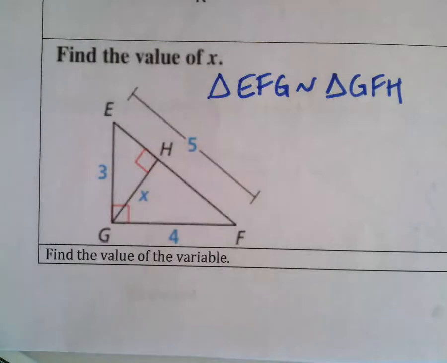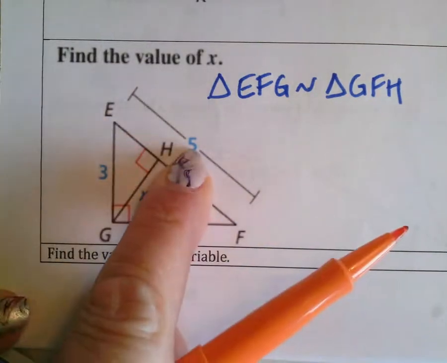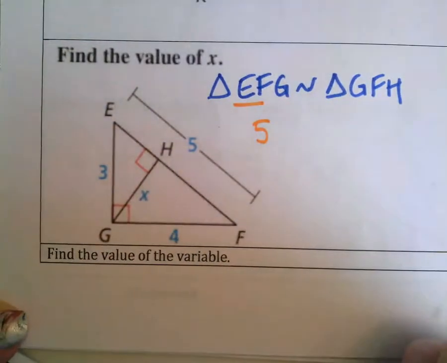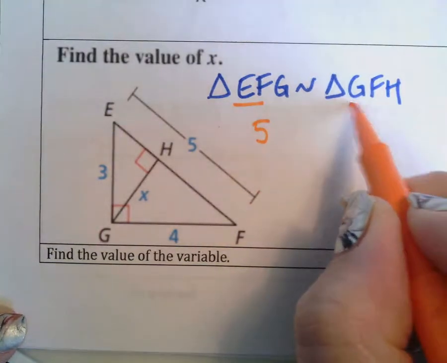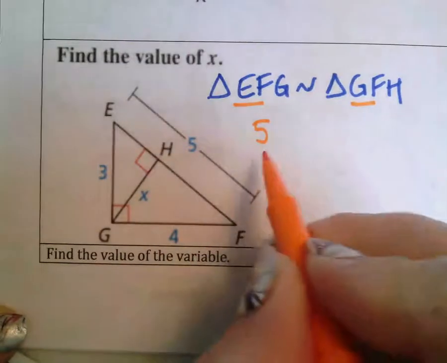Now I have certain measurements here that I can use. I know, for example, that EF, all of that, is 5. So if EF is 5, I can write that down. It also is going to correspond with GF, and GF is 4.